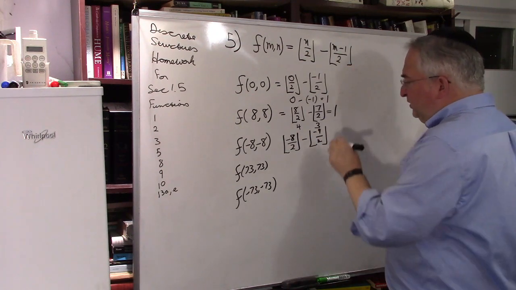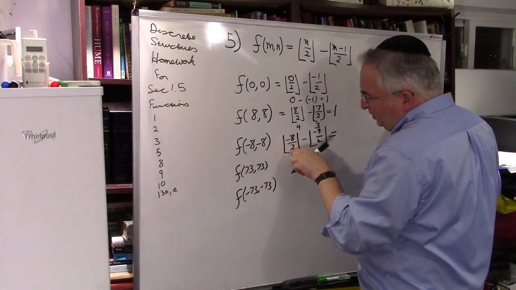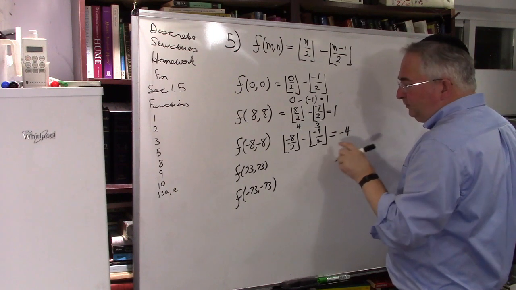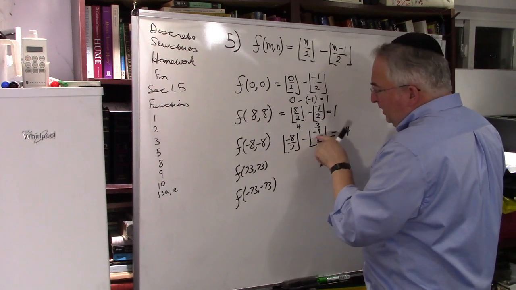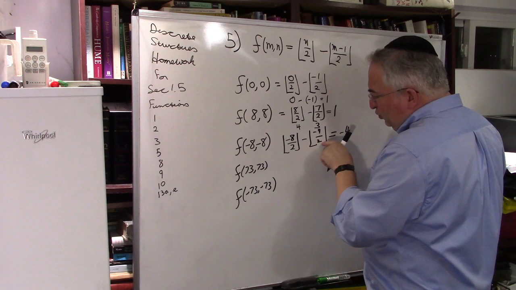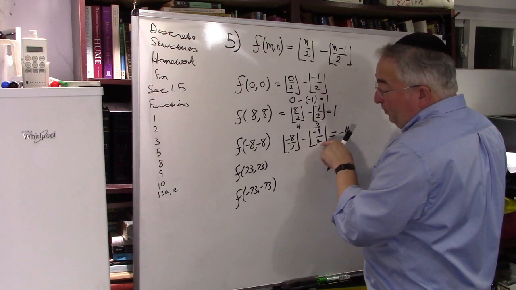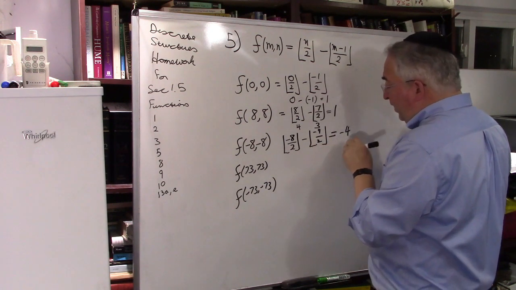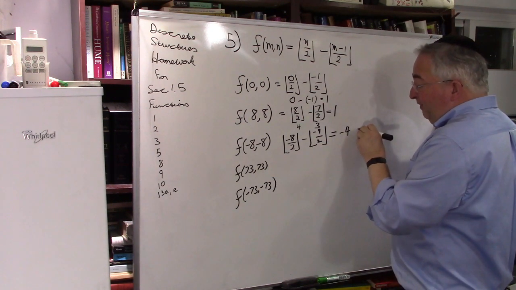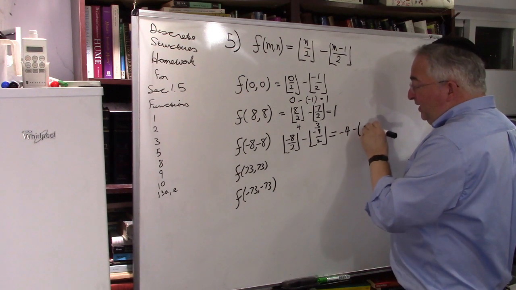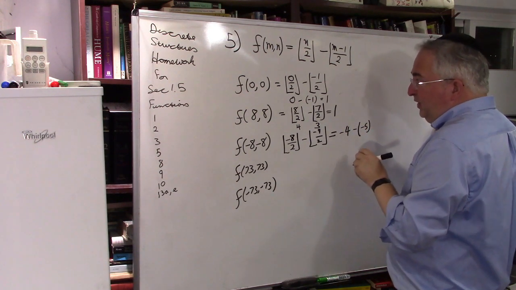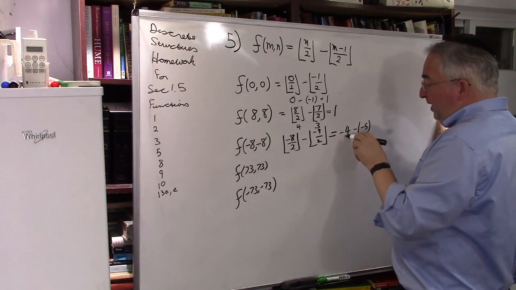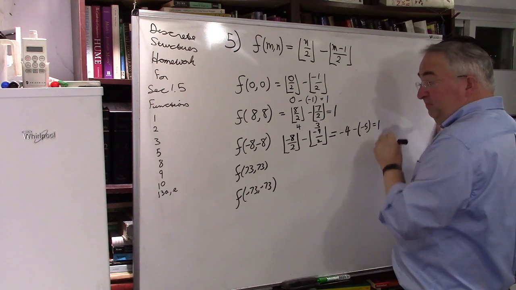Negative 8 over 2 is negative 4, and the floor is negative 4. Minus, 9 over 2 is 4.5, so negative 4.5. The floor of negative 4.5 is negative 5. So you get negative 4 plus 5, which is equal to 1.